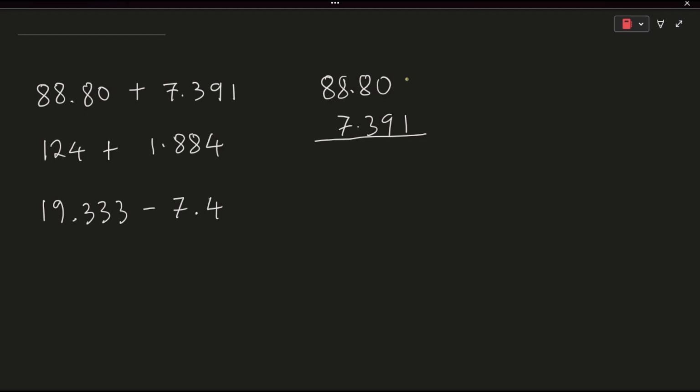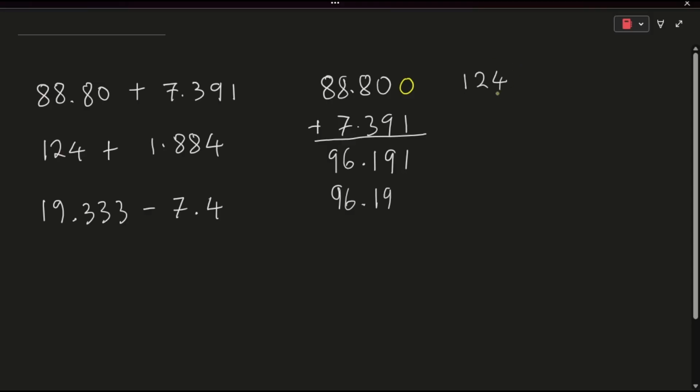Now, for convenience, we can fill the space with the 0 and have as our answer. Now, our answer should be kept in the least number of digits after the decimal point as the original numbers. Now, 88.80 has 2 digits after the decimal point. 7.391 has 3 digits after the decimal point. So we're going to leave our answer in the least number of digits after the decimal point. So our answer will be 96.19.